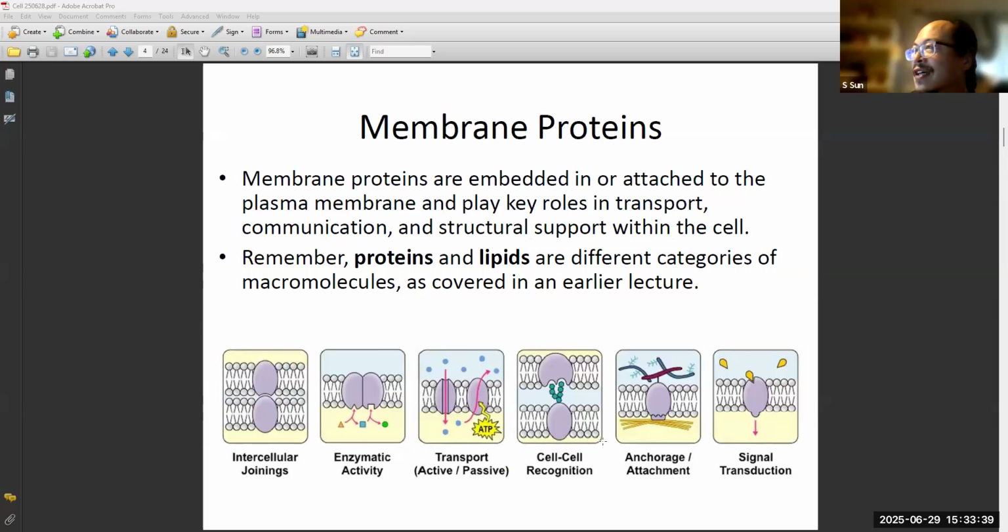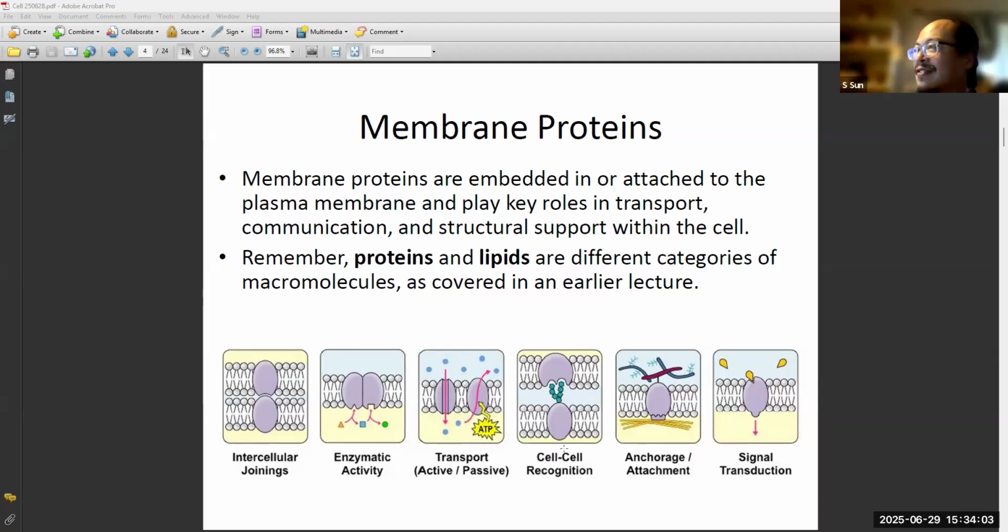Let's go back to here. This one shows different kinds of protein. You have the enzyme protein, to facilitate chemical reactions. You have the transporter, which moves molecules from one side to the other.